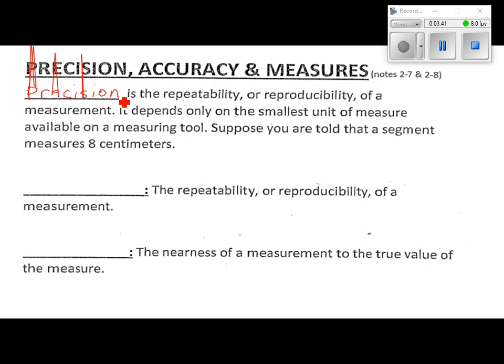With precision, it depends on the smallest unit of measure available on your measuring tool, whatever that tool is, a ruler, a measuring cup, anything that we measure with, a scale, if you're weighing something. It depends on how small it goes.